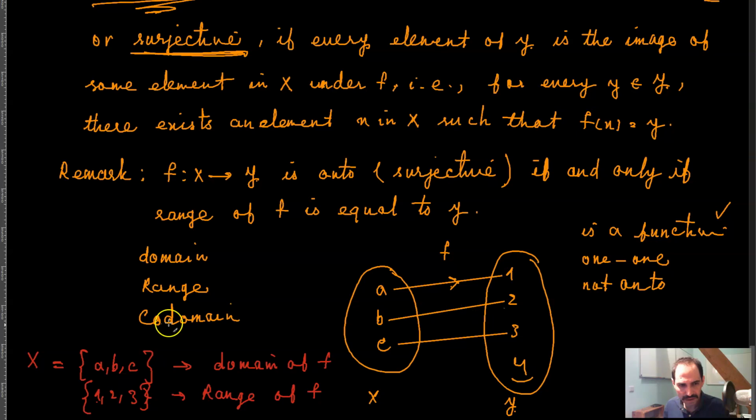But then in the same situation, you can say that this set containing 1, 2, 3, and 4, which happens to be, of course, the set Y itself, is called the codomain of F. And so basically the whole set Y is called the codomain of F, and it doesn't really matter whether all the elements of Y are images of some element in X, even if there is some element in Y that is not an image of some element in X. The whole set Y is called the codomain of F. Now, as you can see here, the range, which is 1, 2, 3, is a subset of the codomain, right?